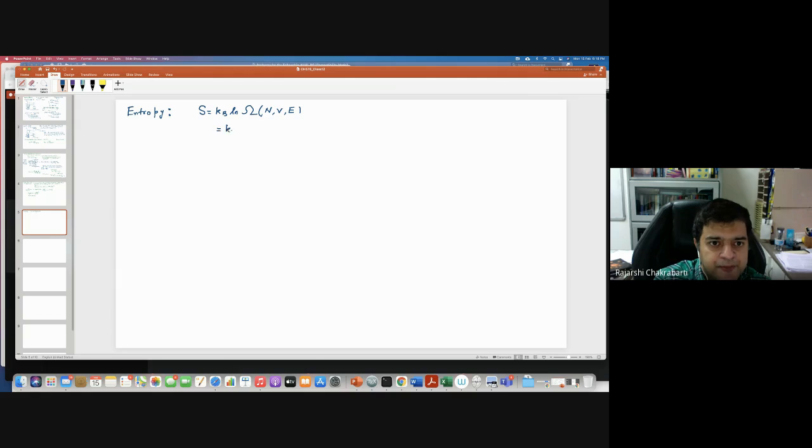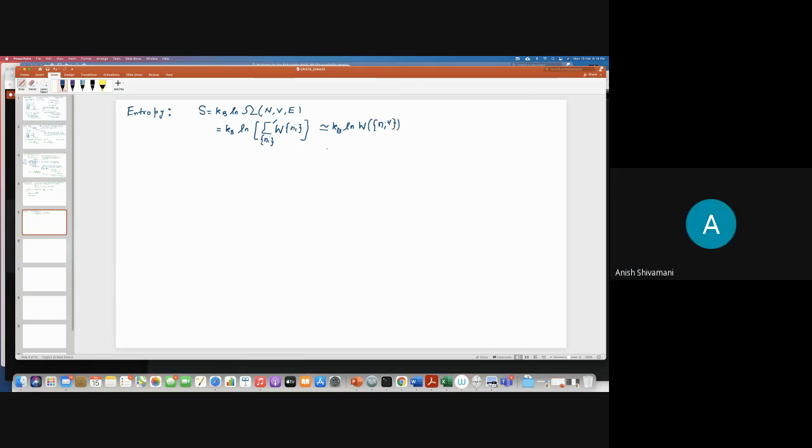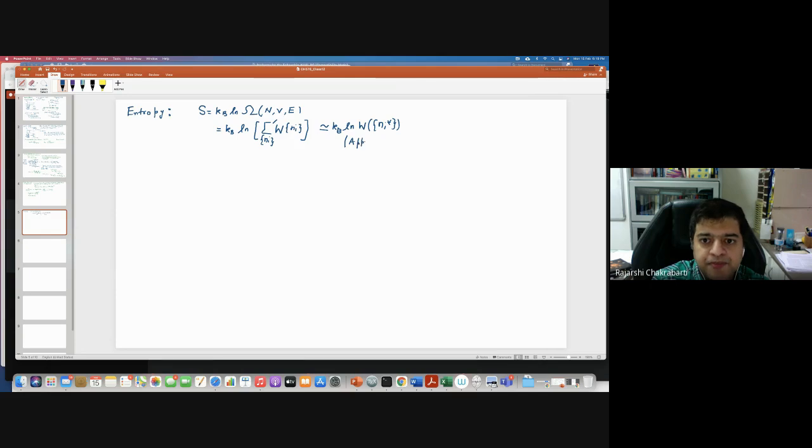I'm just putting it here, and this is approximately equal to, by the saddle point approximation, the logarithm of the largest term in the sum.